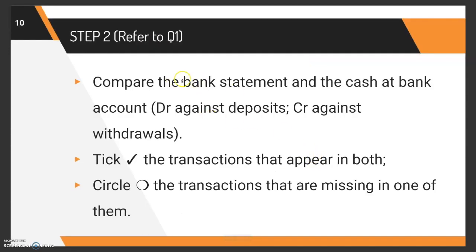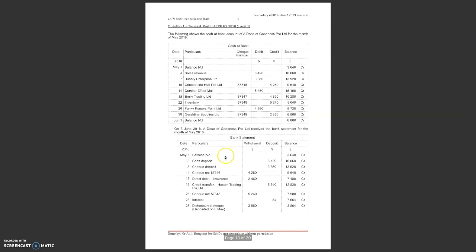The second step is to compare the bank statement and the cash at bank account. We compare the debit against the deposit and the credit against the withdrawal. We will then tick and circle. Tick the transactions that appear in both, circle the transactions that are missing in one of the 2.